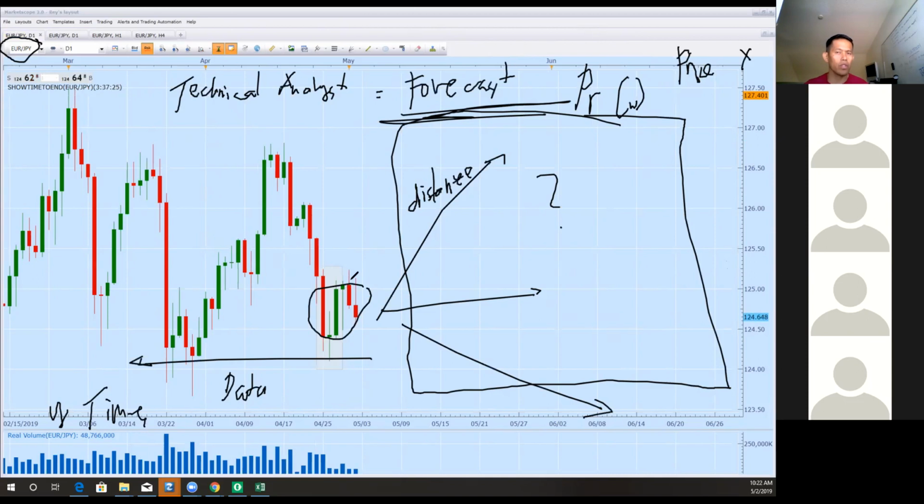Because when you're getting in at a retail price point, your risk management becomes huge. But if you can buy in approximately where institutions are buying, then your risk is very low and your probability of winning is higher.